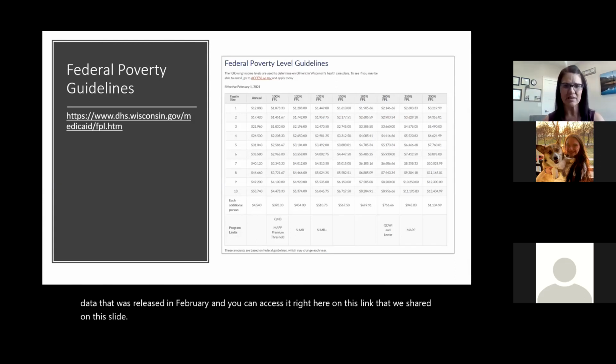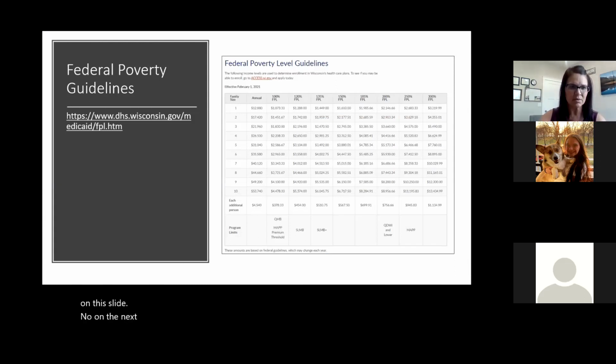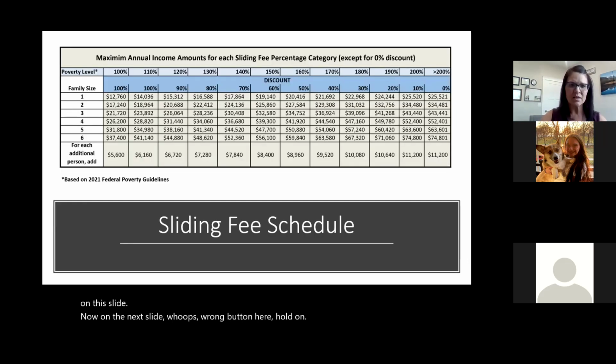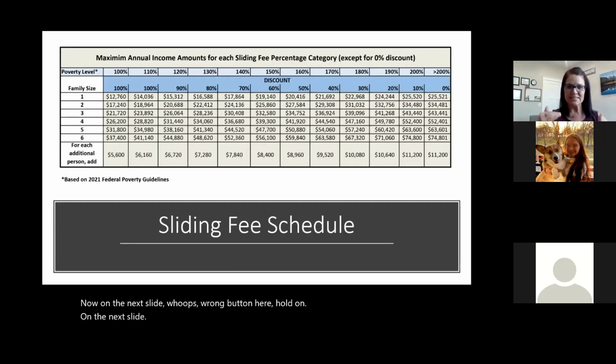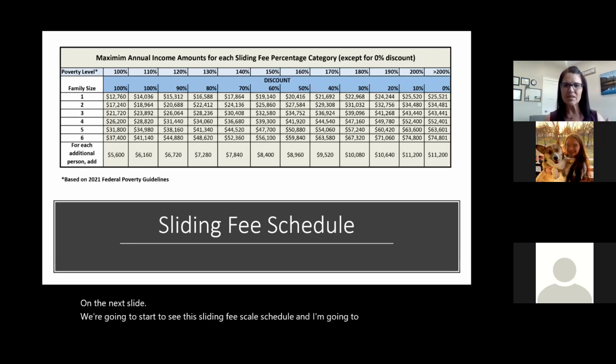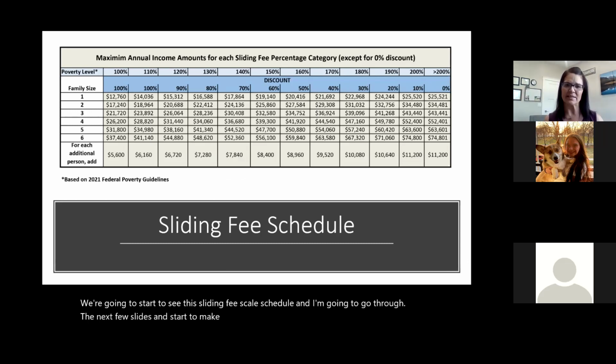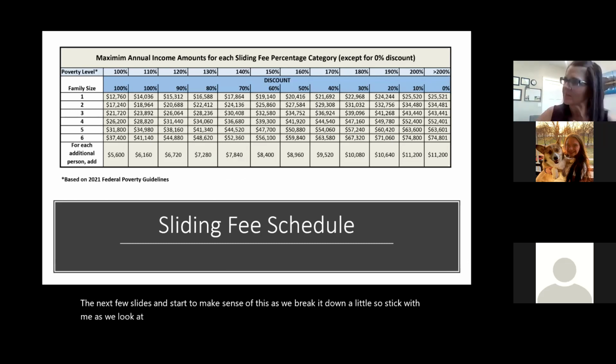Now on the next slide, oops, wrong button here, hold on. On the next slide, we're going to start to see this sliding fee schedule, and I'm going to go through the next few slides and start to make sense of this as we break it down a little. So stick with me as we look at this slide. Some of this information relates those numbers off of the federal poverty levels.